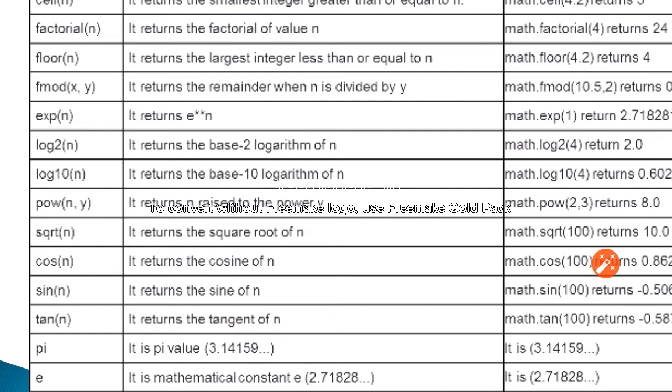Then pow(x, y) is just raised to power. So if I write math.pow(2, 3), then I'll get the answer as 8. Why? 2 to the power 3 is 8. Then sqrt(n): if I take the example math.sqrt(100), I'll get the answer as 10, right? In the same way, cos(n), sin(n).